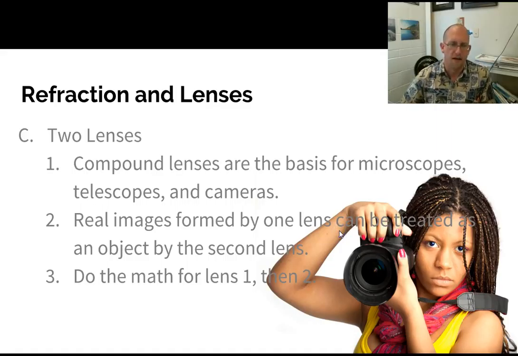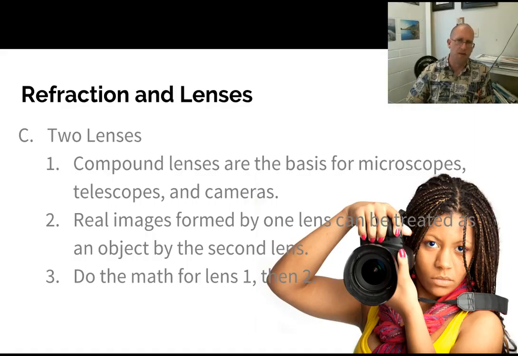Refraction lenses, scattering light lenses, dispersing lenses are used mostly for microscopes and cameras and telescopes. That's where we use these lenses mostly. And we tend to have them in pairs of lenses, compound lenses where there's one lens and then another. And so you'll see two lenses working together.